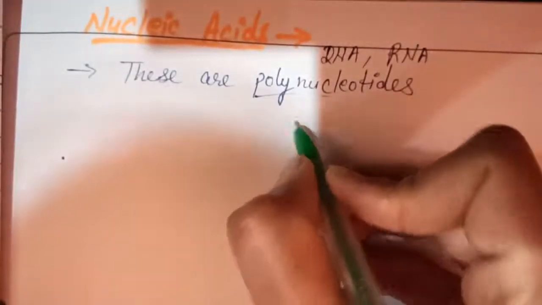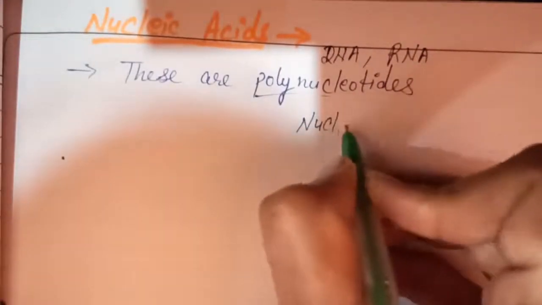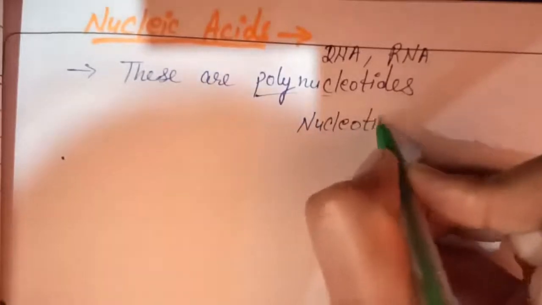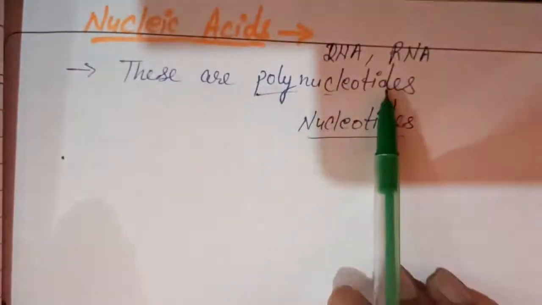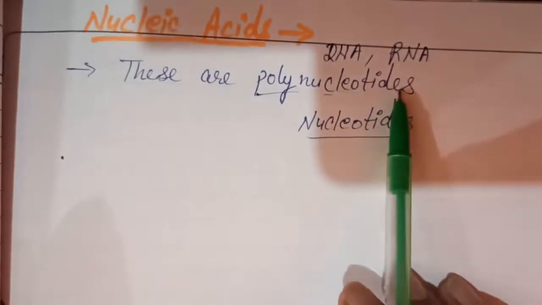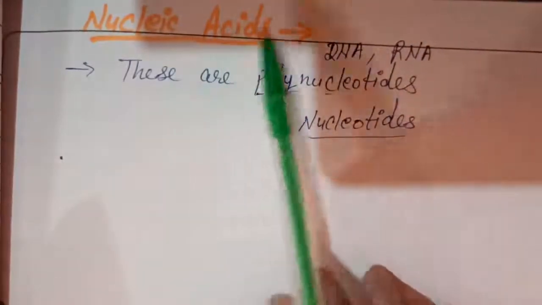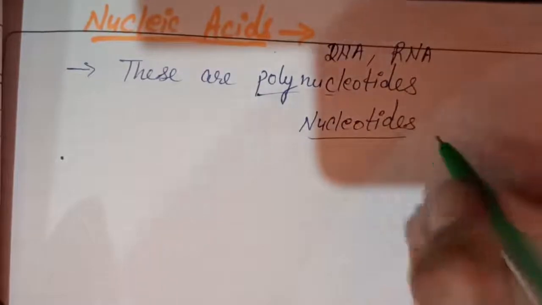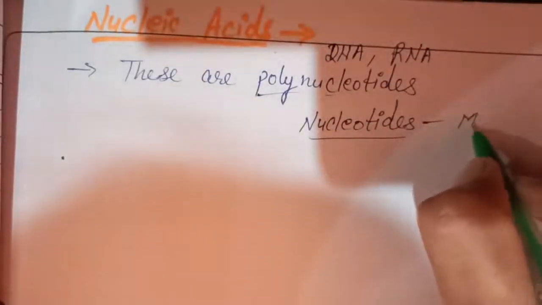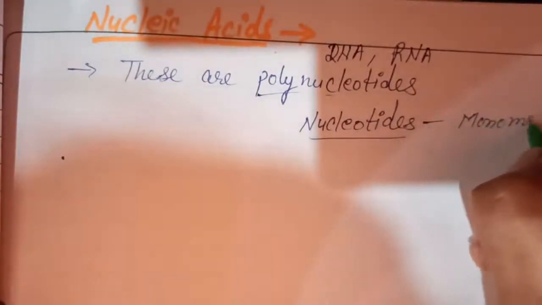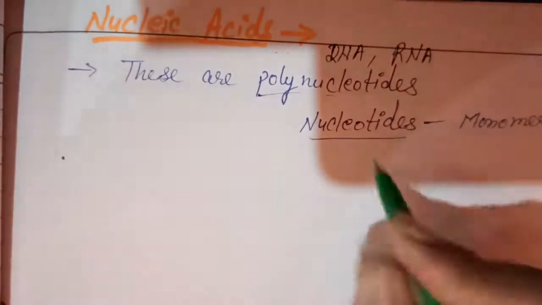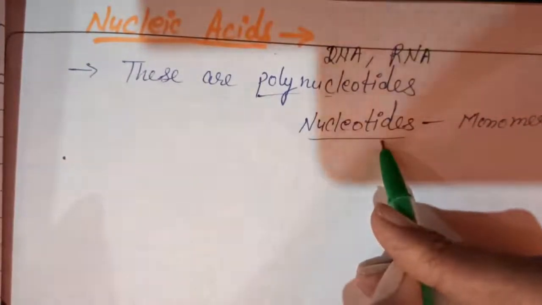Polynucleotides means many nucleotides are arranged here to form a chain, and that chain is called a polynucleotide chain, or you can say that will be a nucleic acid. Okay, so nucleotides are the monomer units here. These are monomers, or you can say subunits of nucleic acid.